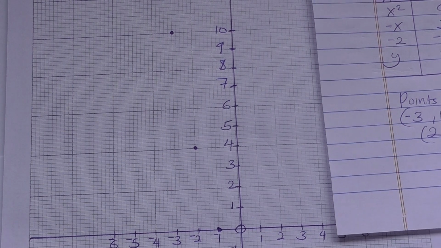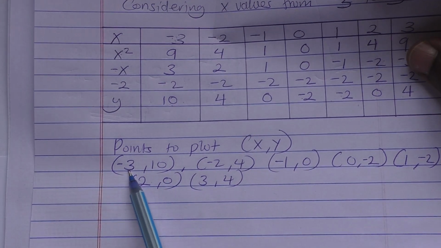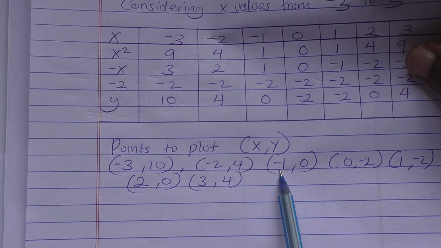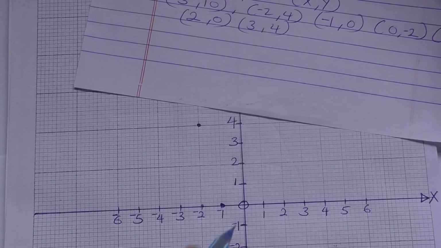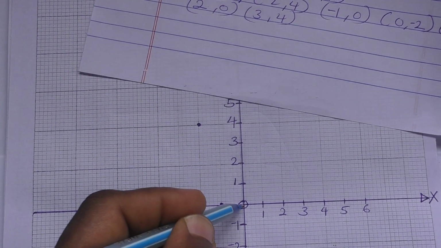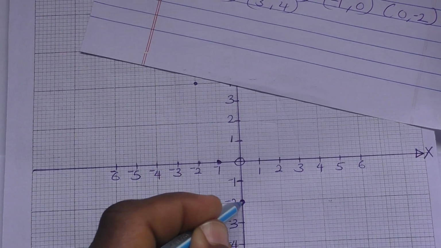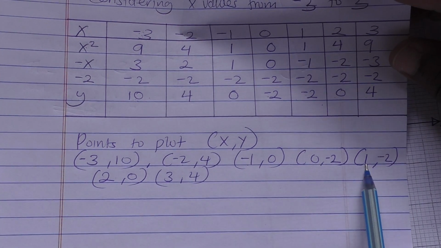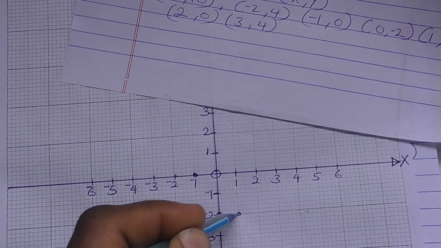We have plotted negative 3, 10, negative 2, 4, negative 1, 0. We come to 0, negative 2. So 0, negative 2, that is our point. Then we come to our other point, which is 1, negative 2.